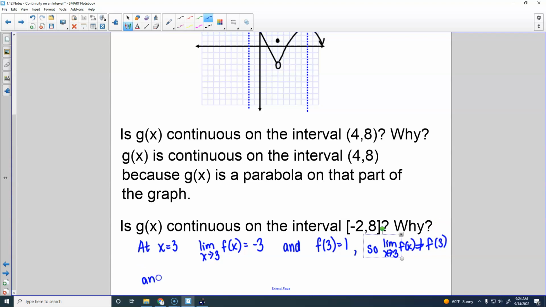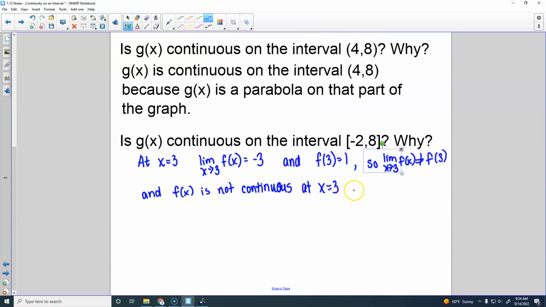And f of x is not continuous at x equals 3, and thus not continuous on the interval -2 to 8.